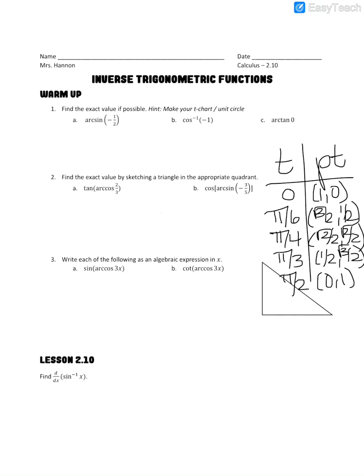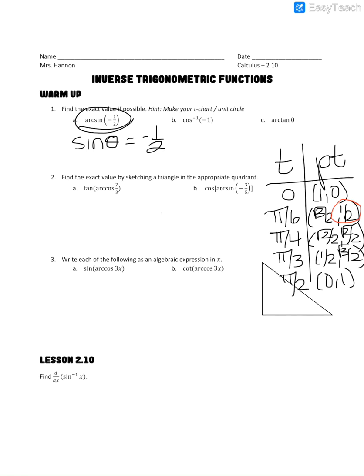So the first one, remember, this is saying that some angle, theta, when I take the sine of it, I get negative 1/2. And that's what I'm trying to find, is the angle that gives me that answer. So I look over here on my t-chart, and remember that sine is the y. So here I see that I have 1/2 on the y at pi over 6.